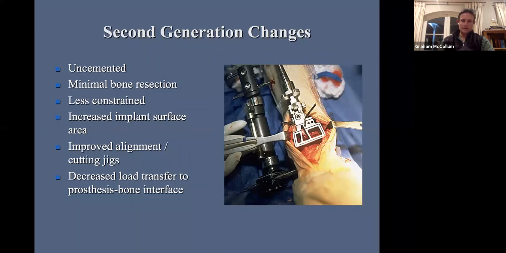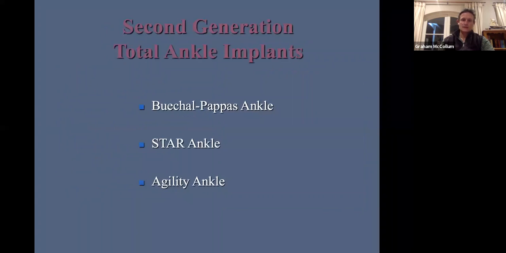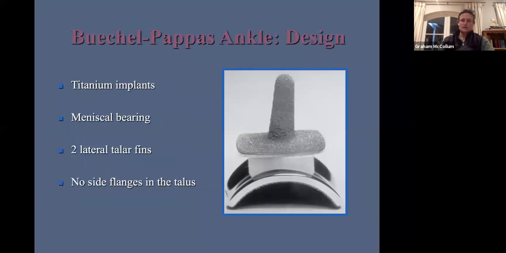And improving hardware led to second generation implants, which have slowly improved over time to now what we have, probably at least 30 different implants on the market around the world, with the most common theme being minimal bone resection, most being a fixed bearing type polyethylene, and then a tibial tray with a different type of shaped keels.